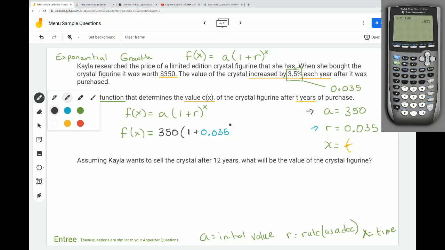Close that parentheses, and to the x power, but we're not using x to represent time, we're using t. So to the t power. There you go, you have the function.